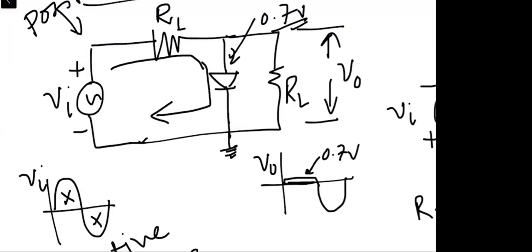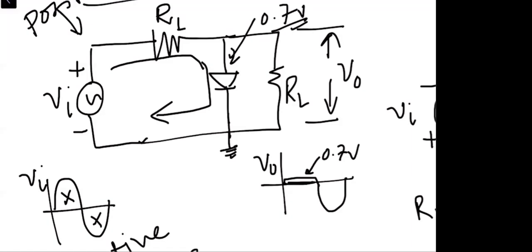Are you getting it? Previously, we considered the diode as an ideal diode. Now we consider the diode as a practical diode. When we consider the diode as a practical diode, to turn on the diode in the forward bias direction, the potential across the diode will be 0.7 volts if it is made of silicon, and 0.3 volts if it is made of germanium.